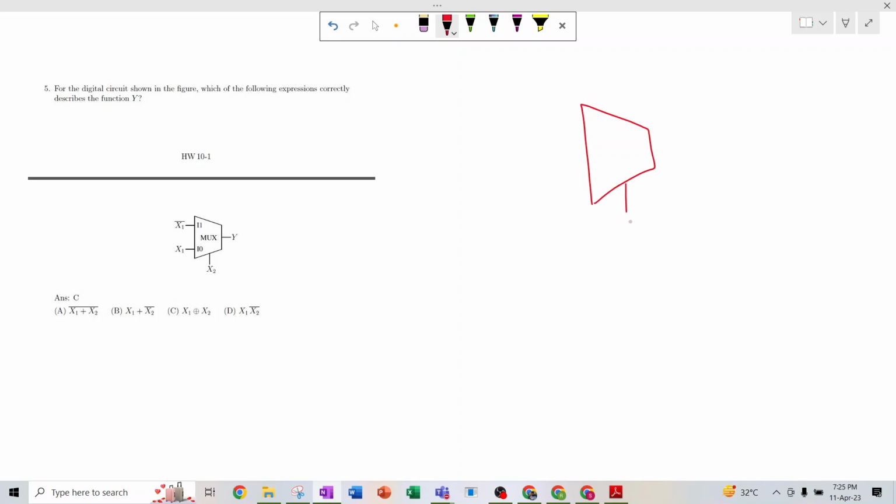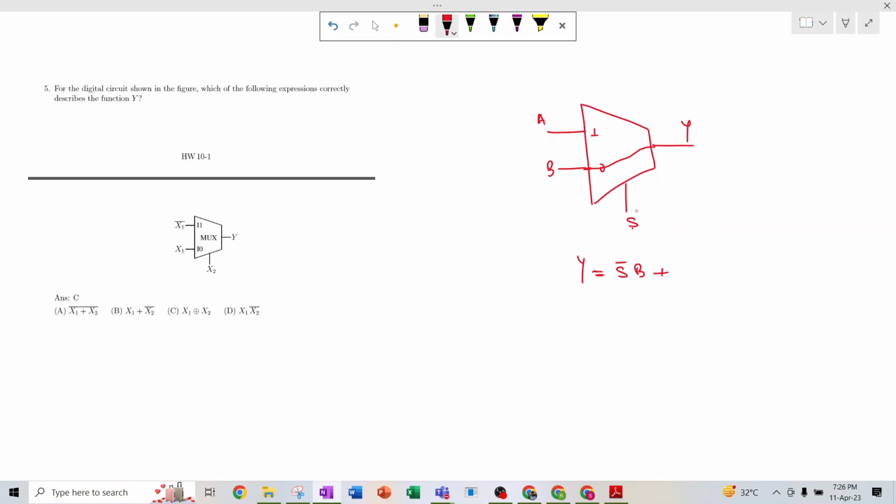Suppose there is a switch which is S, and here is the input A, and here is the input B, and this switch corresponds to 0 and this is 1. So whenever the switch selects this 0, then the output is connected with this B. So whenever the switch is 0, that means S bar, the output will be B.